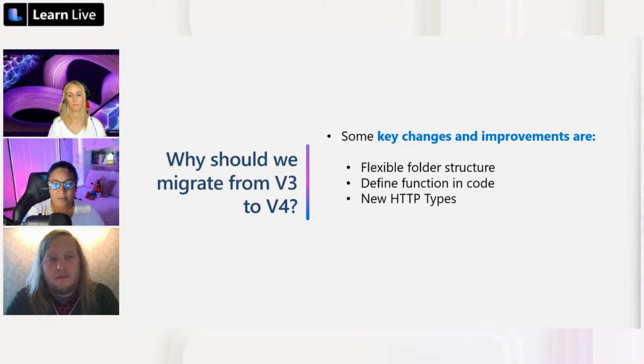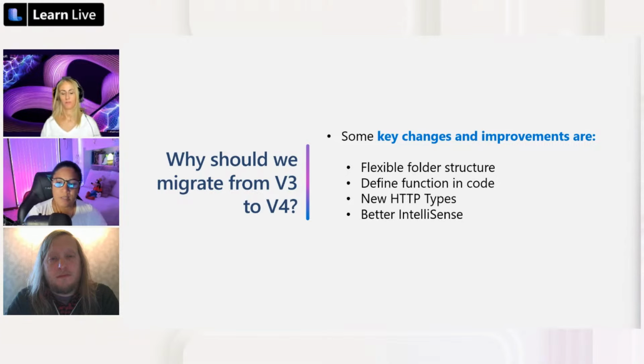In this case, Azure Functions is now using the undici package, which follows the fetch standard and is currently being integrated into Node.js core. And now we also have better IntelliSense. The v4 model supports IntelliSense for JavaScript for the first time and improves on IntelliSense for TypeScript that already existed in v3.